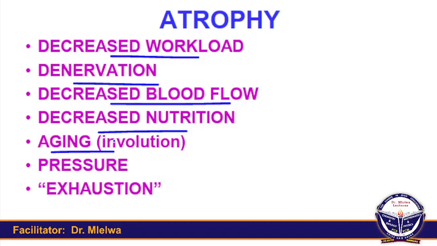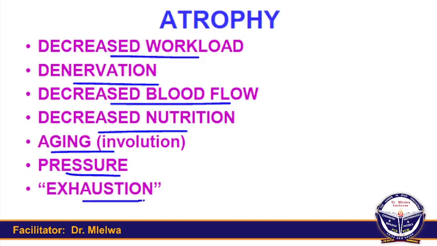Kwa aging inaweza kupelekea atrophy, yani decrease in cell size, and finally atrophy kishatokea itapelekea apoptotic cell death. Lakini pia kuna pressure, kunaweza kuwa kuna pressure ambayo ile seli iko jirani na seli nyingine ambazo zinaipush na kuilazimisha ibanwe iwe ndogo, so it undergoes atrophy.